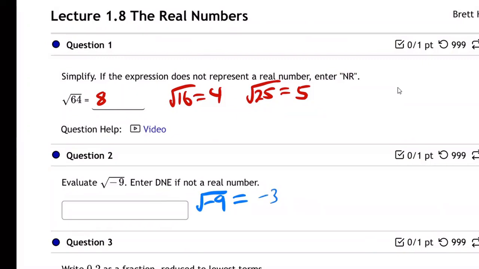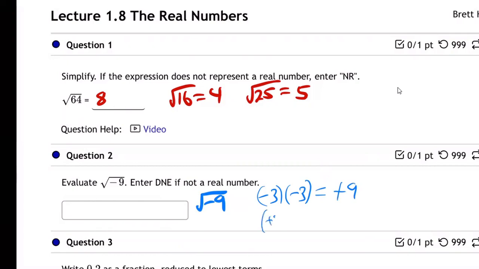Is -3 times -3 -9? What's -3 times -3? It's positive. Yeah, 2 negatives we know multiply to be positive. So that didn't work out.